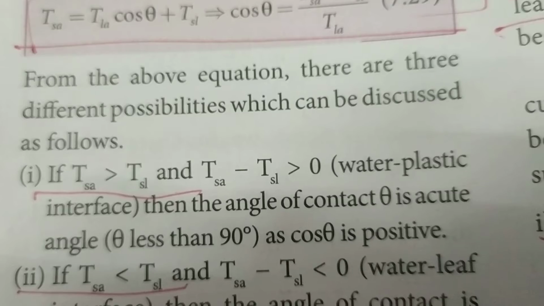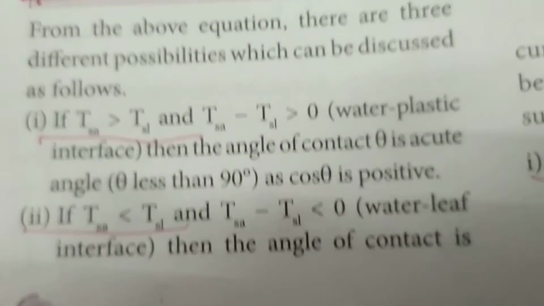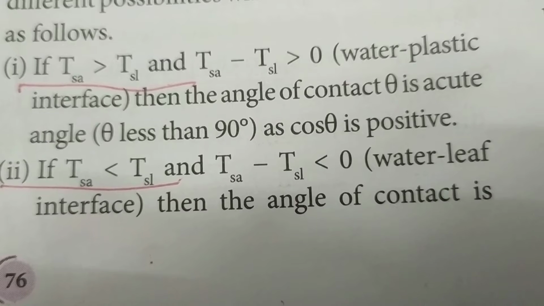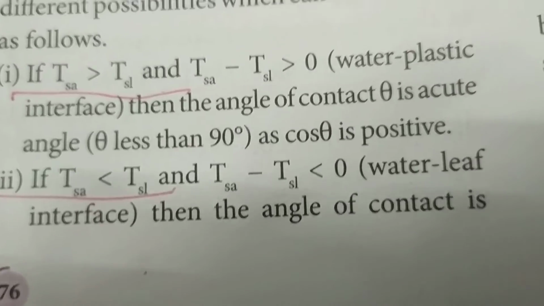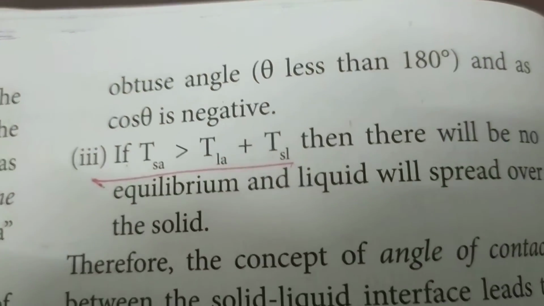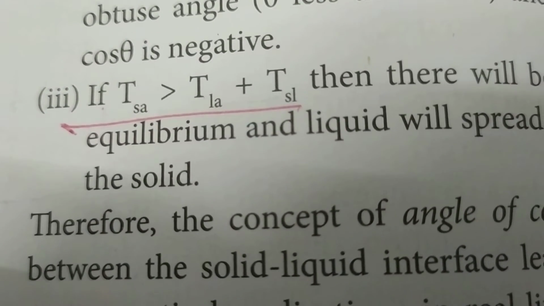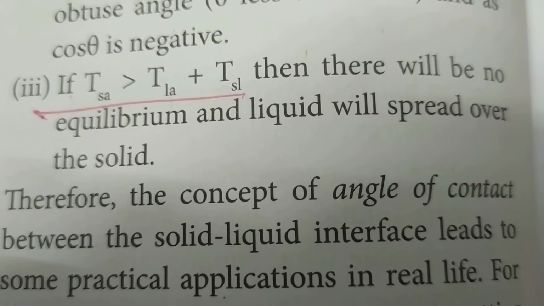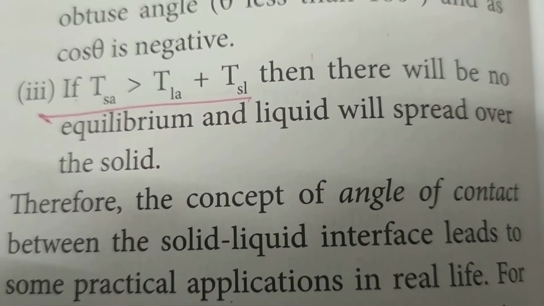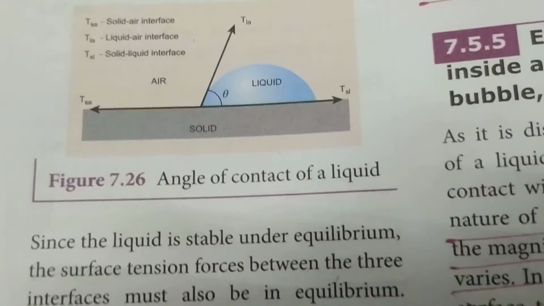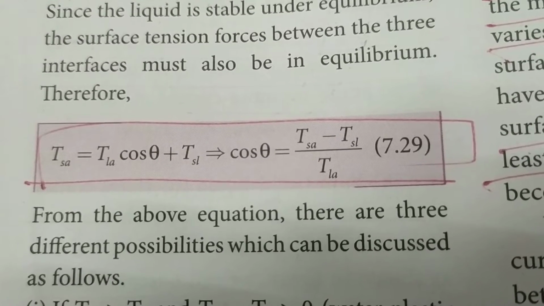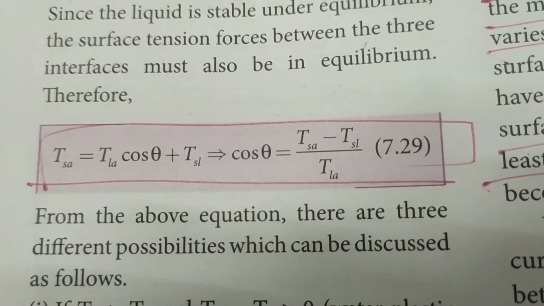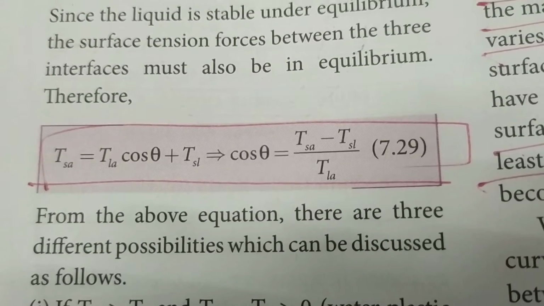That means theta is acute, less than 90 degrees. Suppose TSA is less than TSL, then definitely TSA minus TSL is less than 0, so cos theta is negative, and the angle of contact is obtuse, greater than 90 degrees and less than 180 degrees. Suppose TSA is greater than TLA plus TSL, then there will be no equilibrium, so the liquid will spread over the solid. So from this equation we have three cases: TSA greater than TSL, TSA less than TSL, and TSA greater than TLA plus TSL.